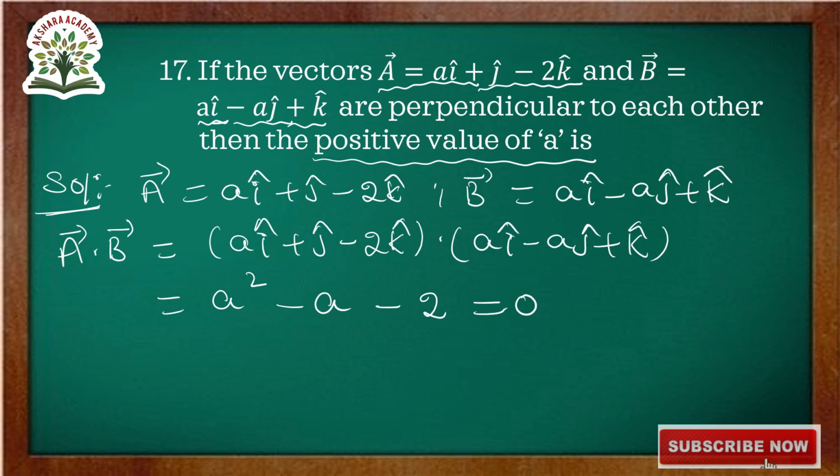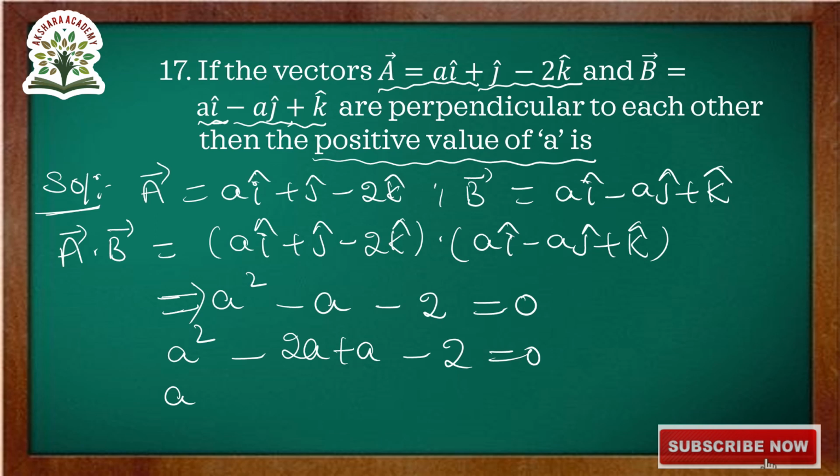Now we are equating to 0. So that is a square minus a minus 2 is equal to 0. This is a quadratic equation of the form ax square plus bx plus c. Now we are splitting this: a square minus a minus 2 can be written as a square minus 2a plus a minus 2 is equal to 0.